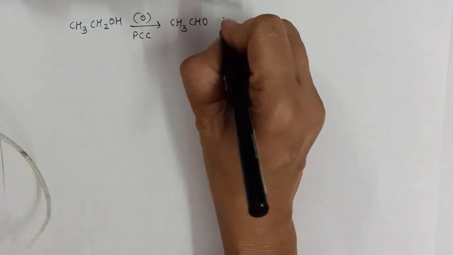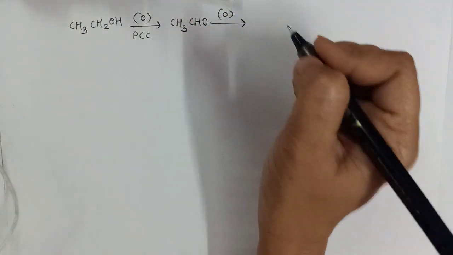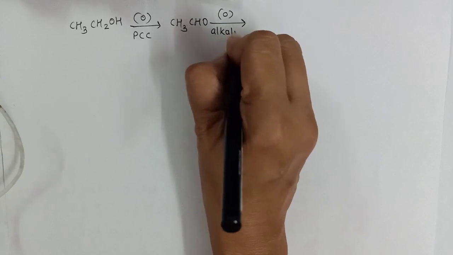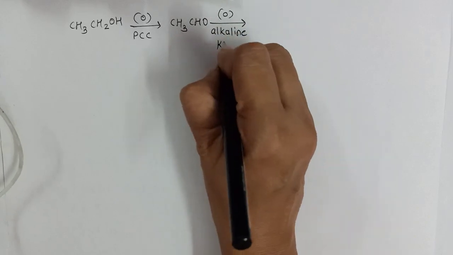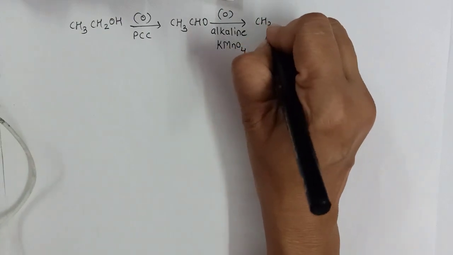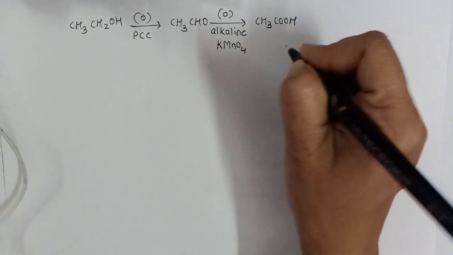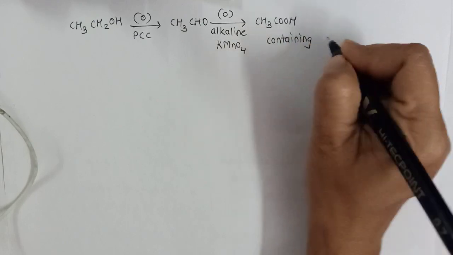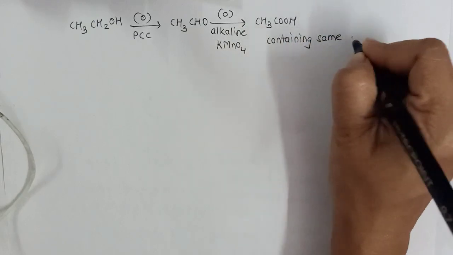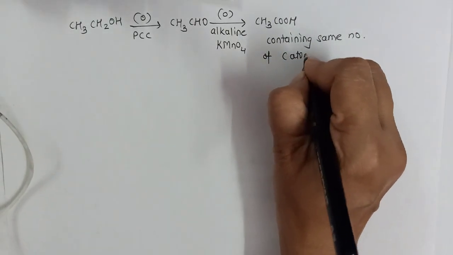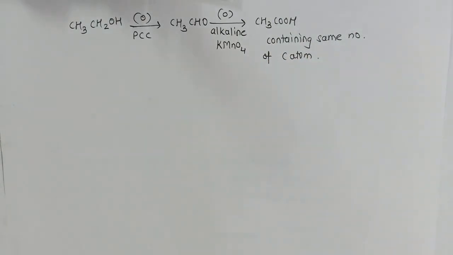And if I carry out oxidation further by using a strong oxidizing agent such as alkaline KMnO4 or acidified potassium dichromate, it will give us acid containing the same number of carbon atoms. And therefore this is a very useful method during conversions, as there is no change in the number of carbon atoms.